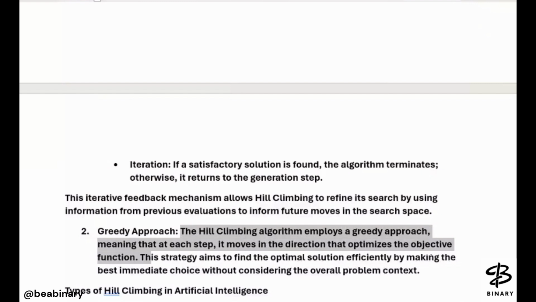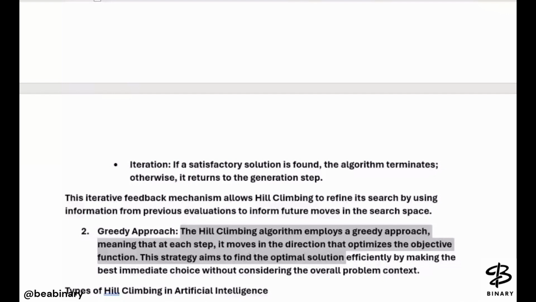This strategy aims to find the best optimal solution. Each state or each branching step will look at its neighbor steps, right? If the neighboring state is better, then it will move to the neighboring state. That is a greedy approach.